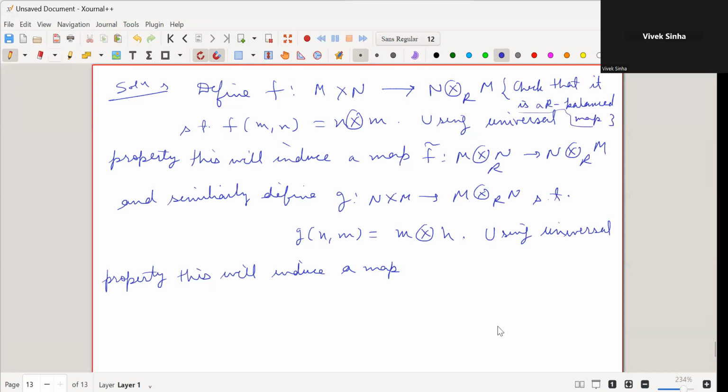For using the universal property, you need to check that f is an R-balanced map. That I'm leaving to you. Similarly, here also check that g is an R-balanced map.